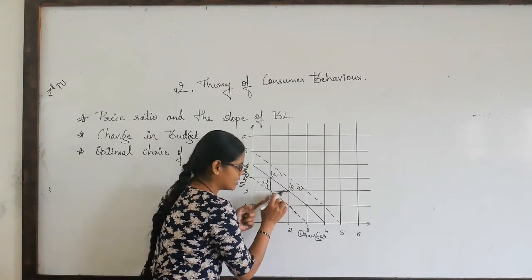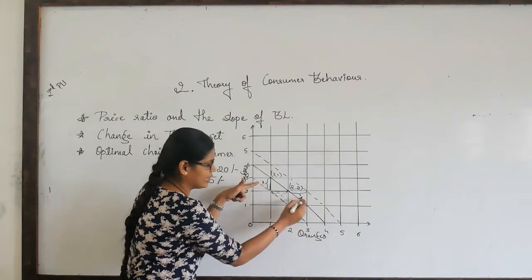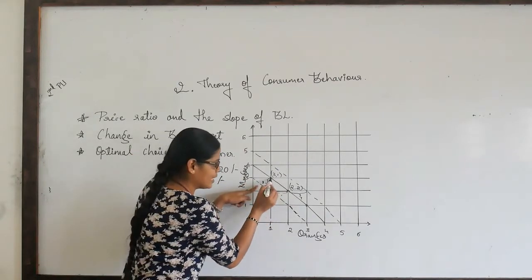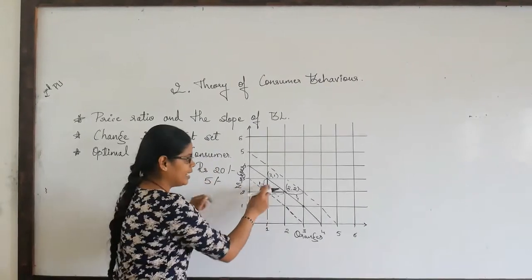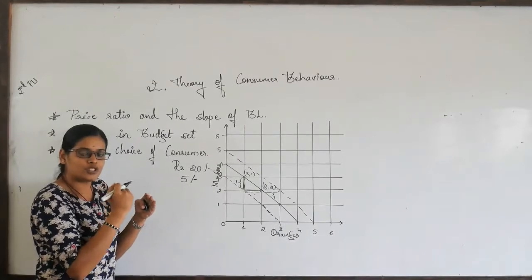He already has this. To get this orange, he is sacrificing this mango. So we can see there is a change here, a slope which we are talking about.